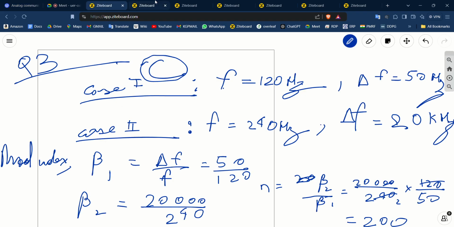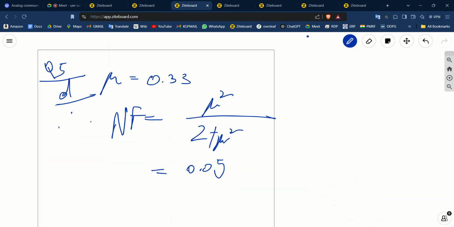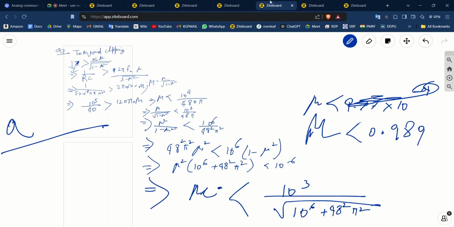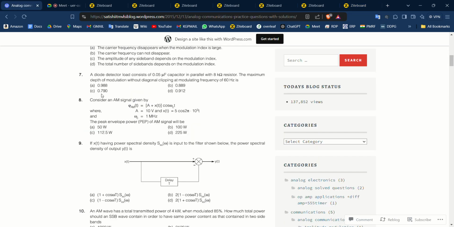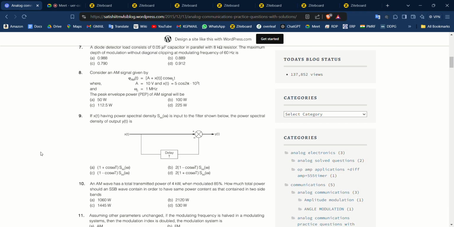So 10 plus 5, 15. So the peak envelope power will be 10 plus 5 into 1 whole square. So 15 square, so 225. So the peak envelope power will be 225 watt. It is D.